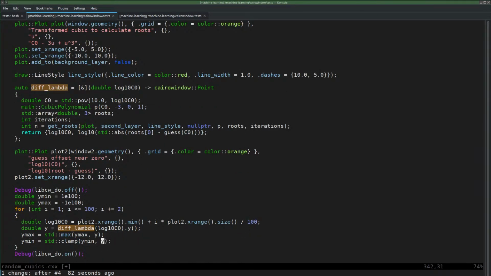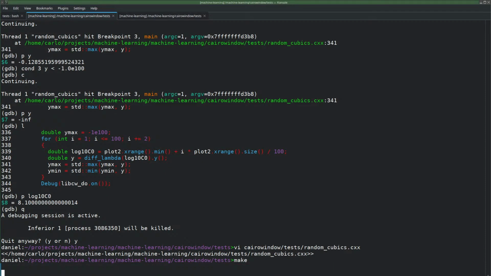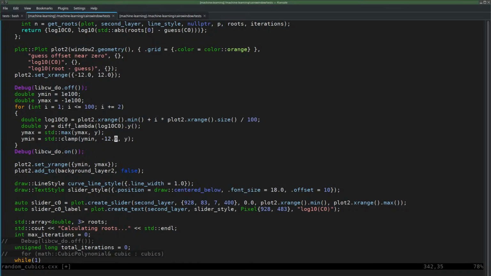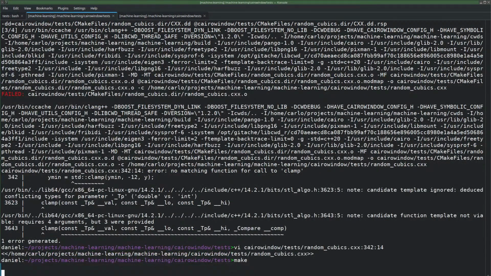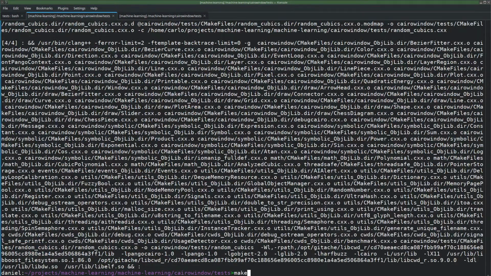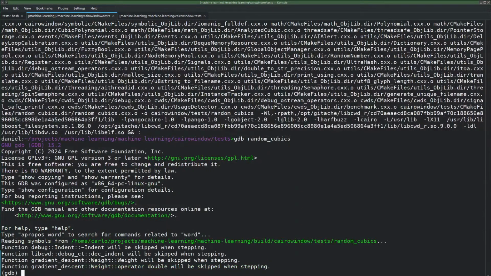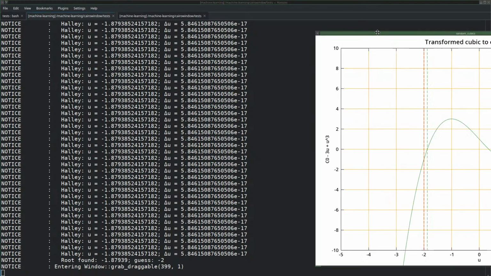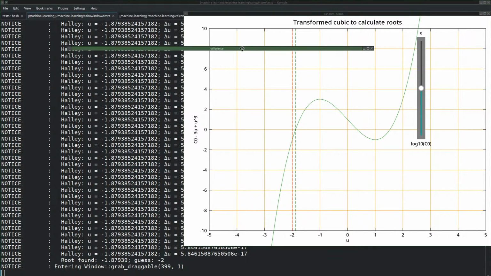I have to clamp it simply between minus 12 and whatever was returned by div lambda. That looks ugly.